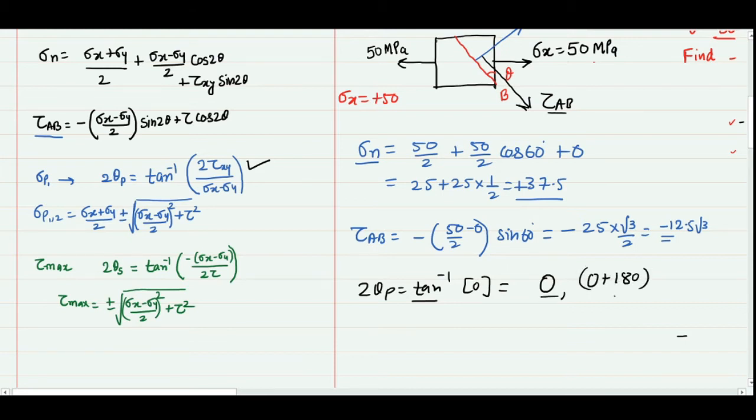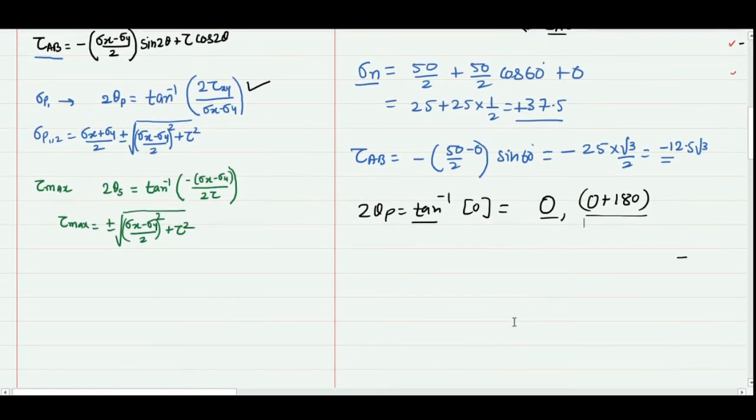Now these two planes represent the maximum normal stress or the principal stress plane, and what will the magnitude of principal stress be? So first let's try to represent these two principal planes on the figure. So here, if I make the stress element, what is the value of theta p?